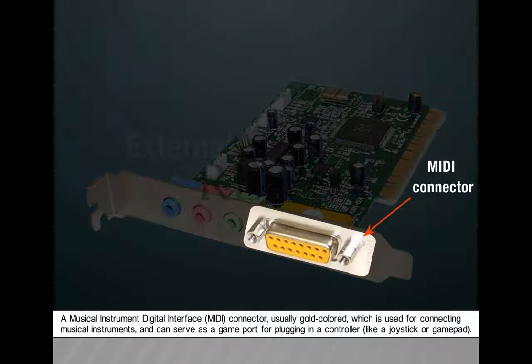A musical instrument digital interface, MIDI, connector, usually gold-colored, which is used for connecting musical instruments and can serve as a game port for plugging in a controller like a joystick or gamepad.